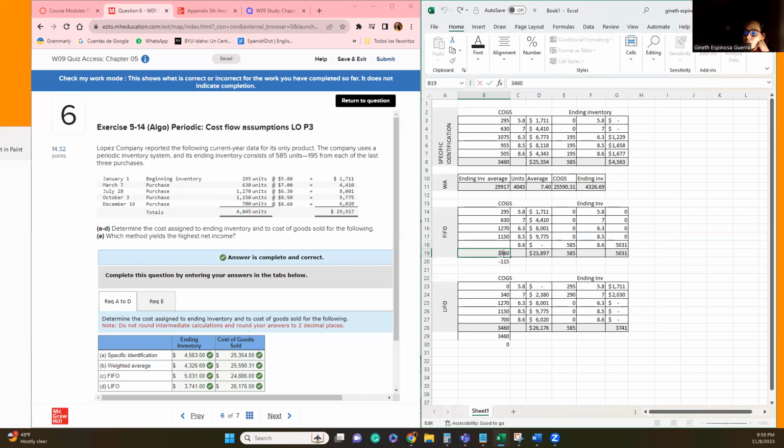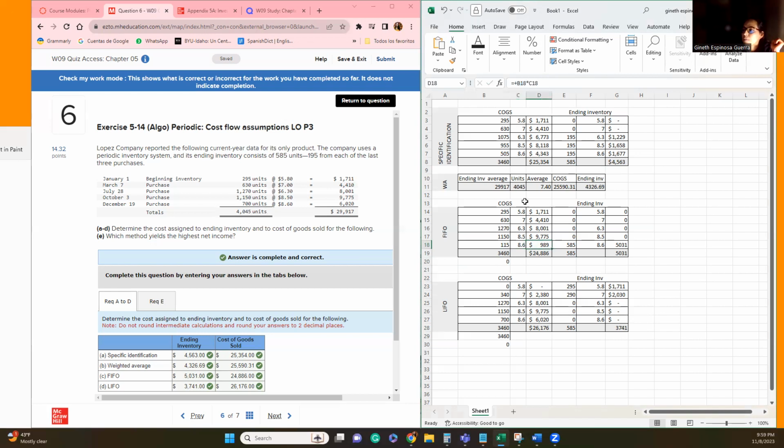This number we know should be 3,460, but here we have the addition of all the units minus the number that we are looking for. That's why 115 is our last inventory, the last amount of units that we have.